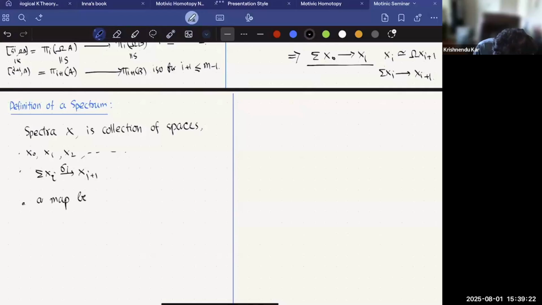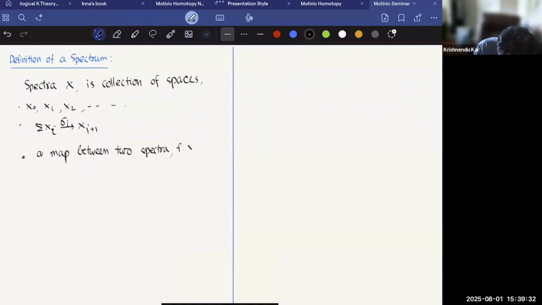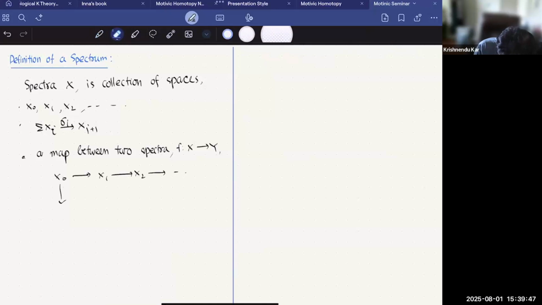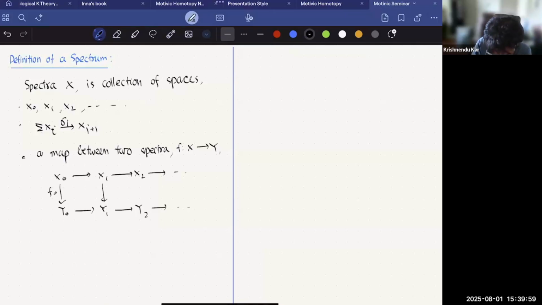A map f from X to Y is a collection of maps x0 to y0, x1 to y1, x2 to y2, and so on, induced on all the topological spaces, such that the diagram commutes with respect to their suspension.